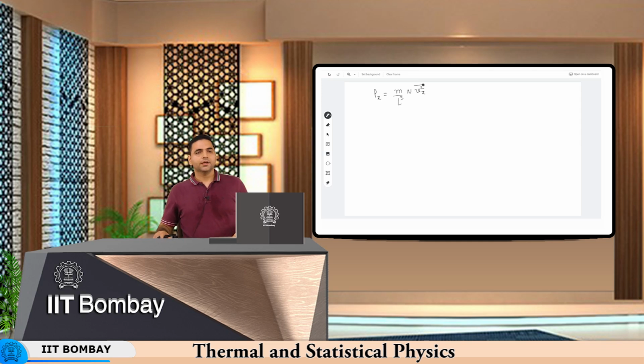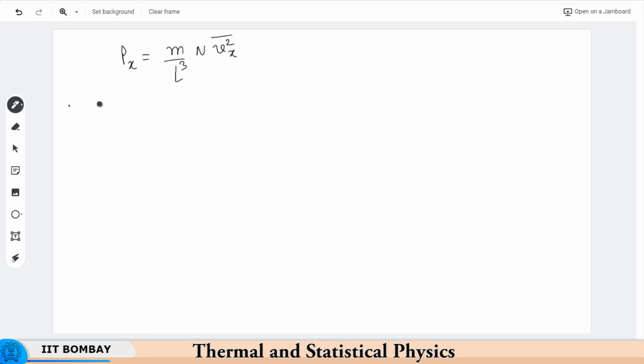All right. Now, let us use another assumption that we made. Remember we said that these gas molecules are moving in all directions with equal probability, right. So therefore, statistically speaking, the average of vx squared should be equal to the average of vy squared, and it should be equal to the average of vz squared.